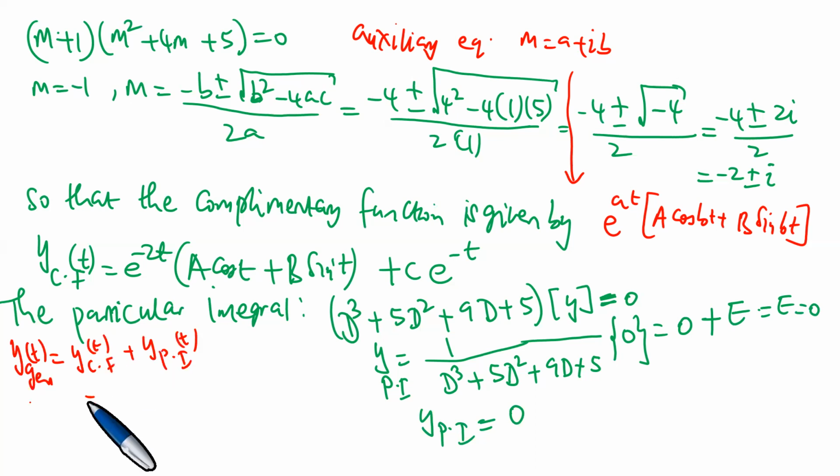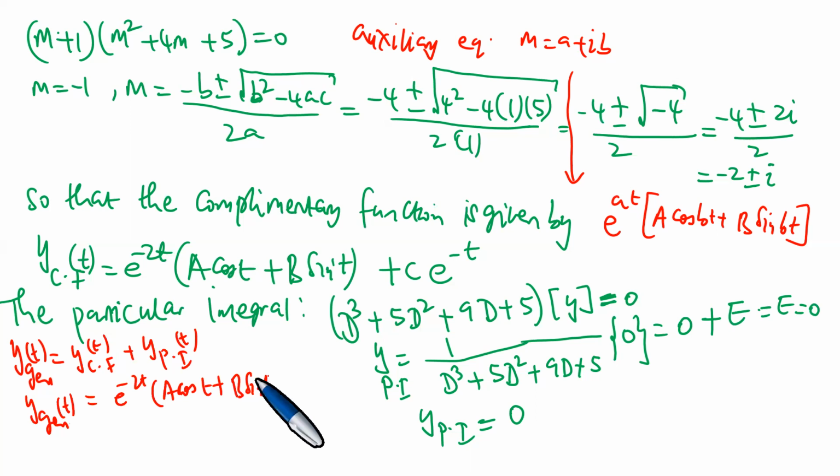Particular integral obviously becomes 0, so this one is e to the minus 2t, a cosine t plus b sine t, plus c e to the minus t, and this becomes the general solution.